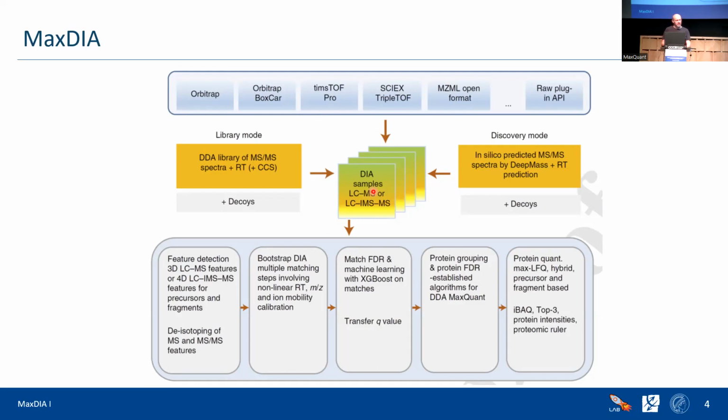There's no real speed difference between DDA and DIA data analysis in MaxQuant. It's also scalable to large data sets now. We're testing 400, 500 samples, and that's absolutely doable with the new and improved DIA workflow. This is in the version that was released before the summer school, version 2.14.